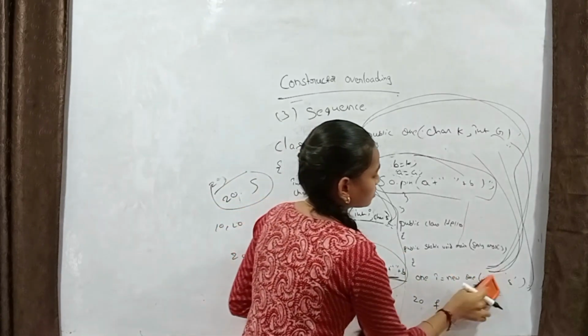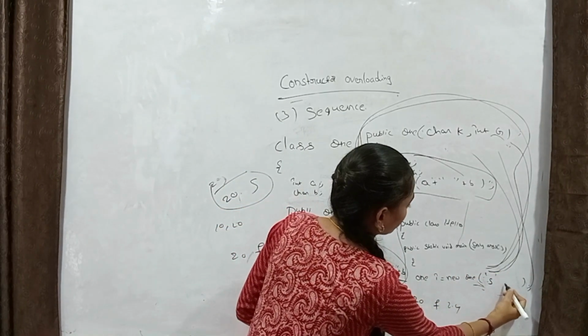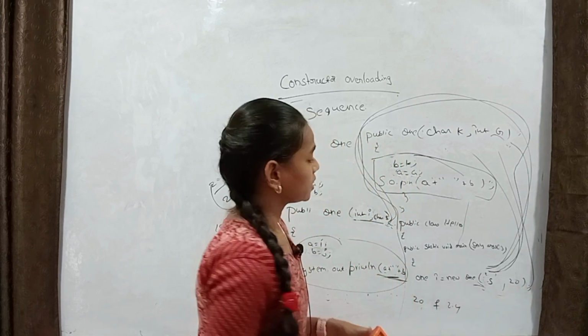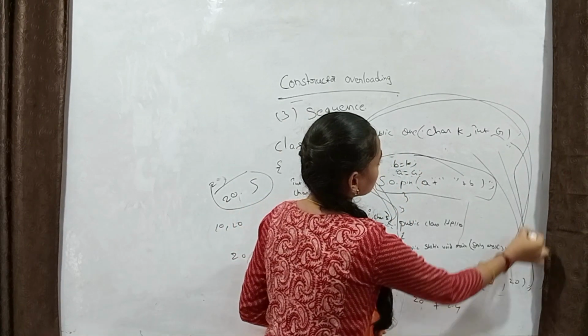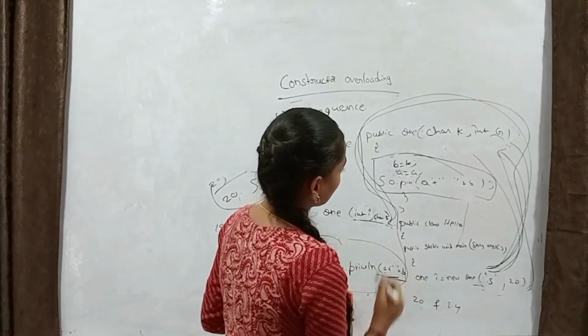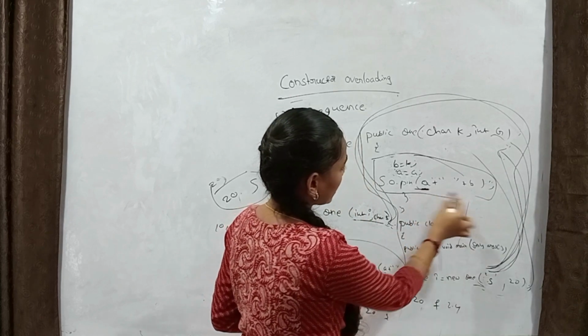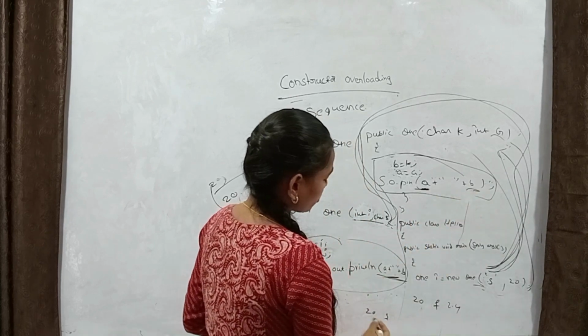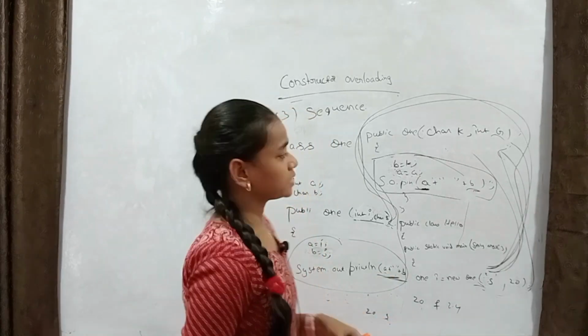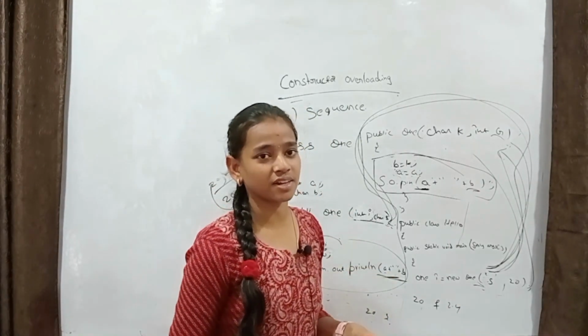If I give the character first and then the integer value, then it will pass the values to the second constructor, and it gives us output as 20 and s because I first print a and then b. So it will give us output as 20 and s. These are the types of constructor overloading, and this is all the content on constructors.